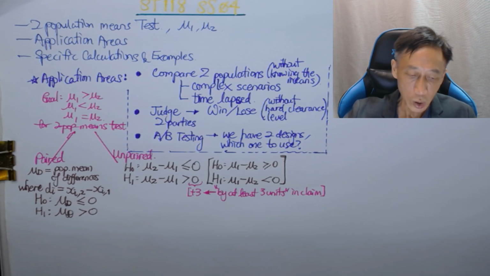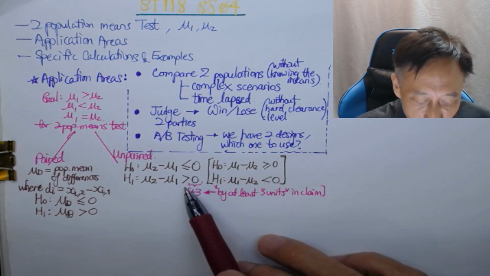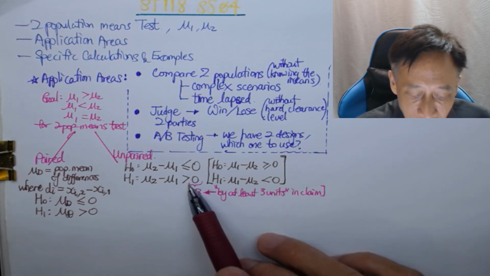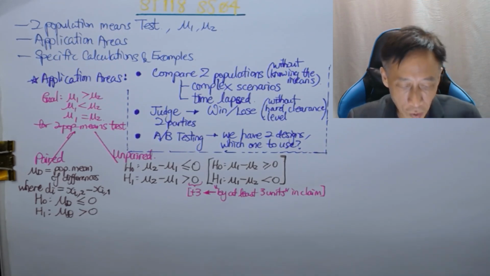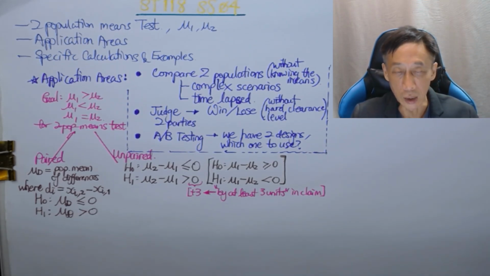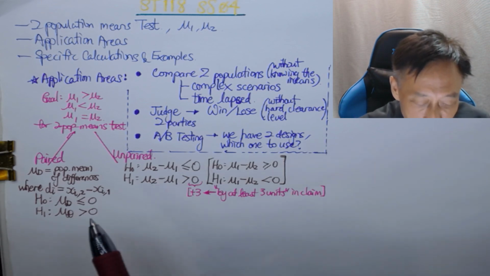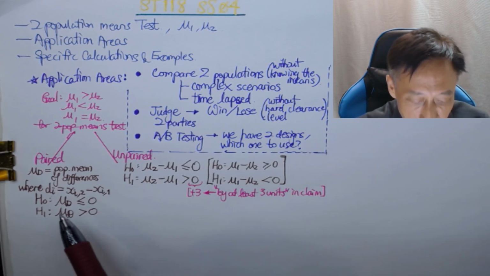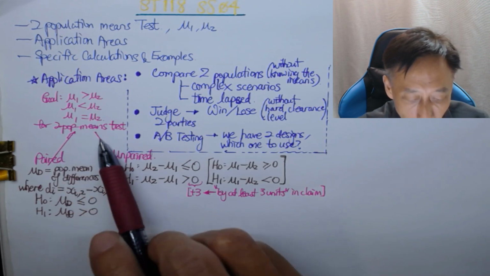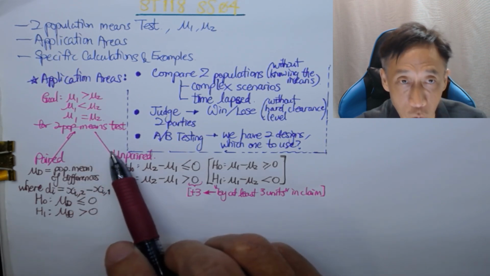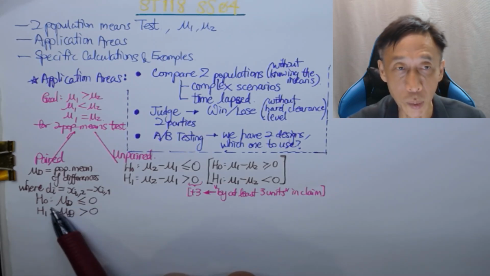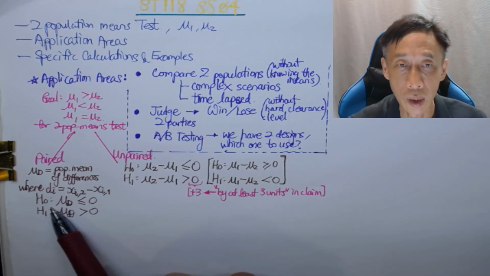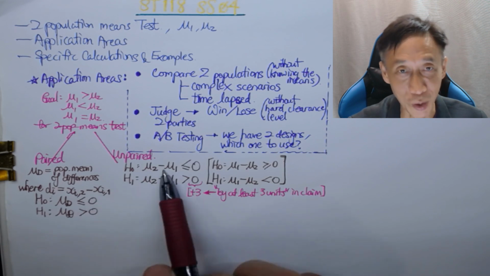And I won't copy and modify for the rest of the versions like less than and all that. Okay, so you can try that out as an exercise. So just be careful. Now, what is very clear is that when you approach a 2 population means test, you got to decide, because right at the start, the formulation of the hypotheses themselves is already looking very different.